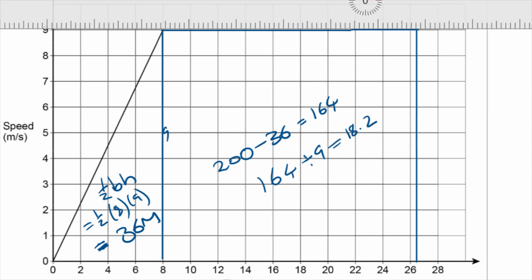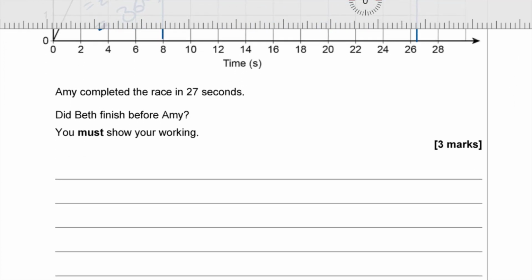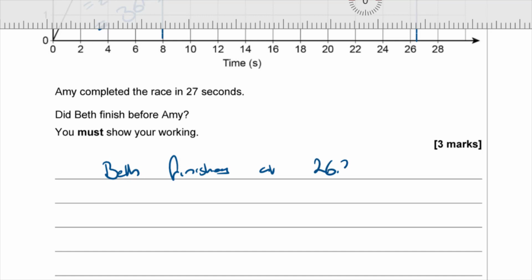So she must have finished the race at 26.2 seconds. So Beth finishes at 26.2 seconds.